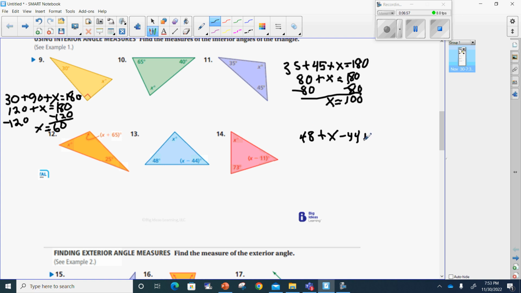Remember, all these added together will give us 180. When I take 48 and I minus 44, that's just going to leave me 4. When I take x and add it to x, that's going to be 2x. And all that has to equal 180.